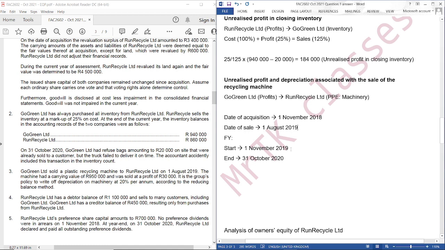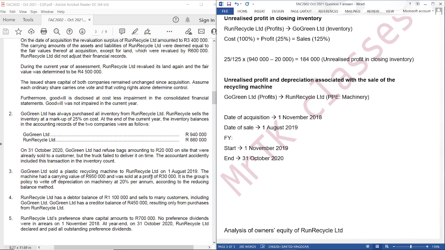That's where 1 August 2019 is. The machine had a carrying value of 950,000 and was sold at a profit of 30,000, before the beginning of our financial year.